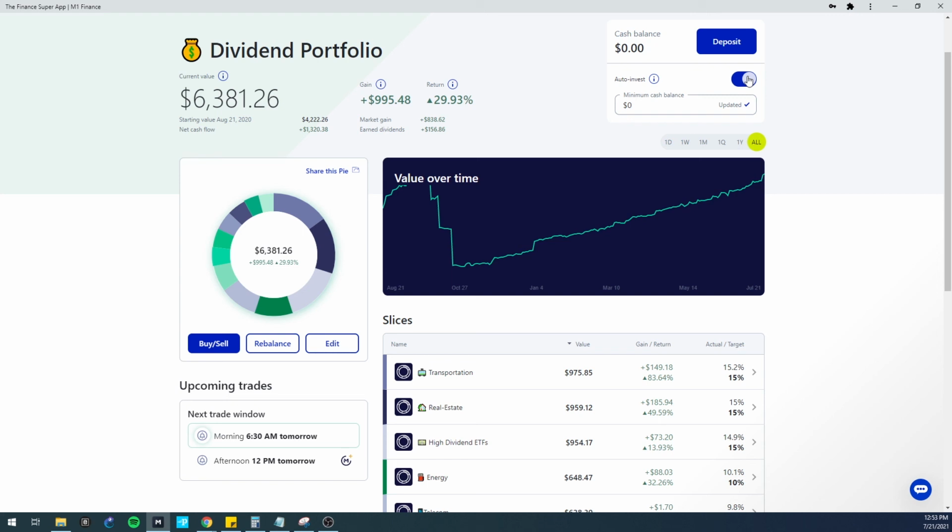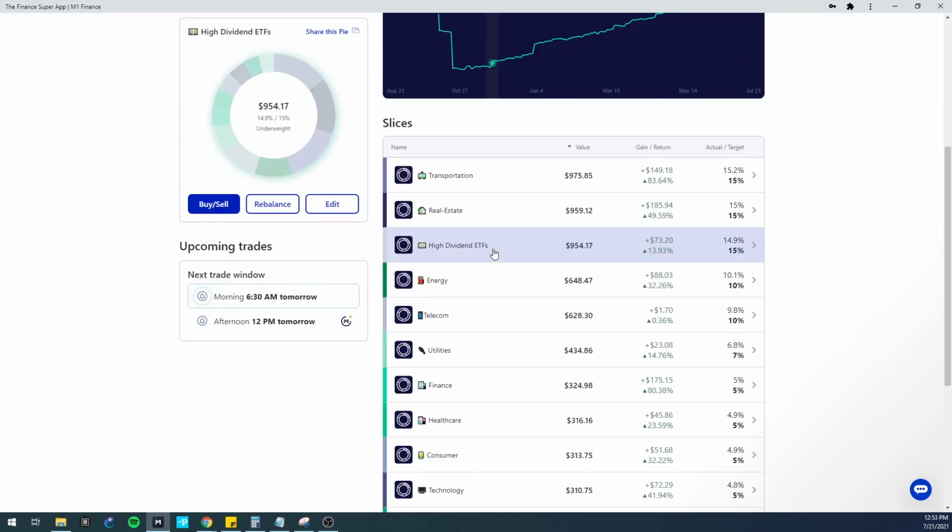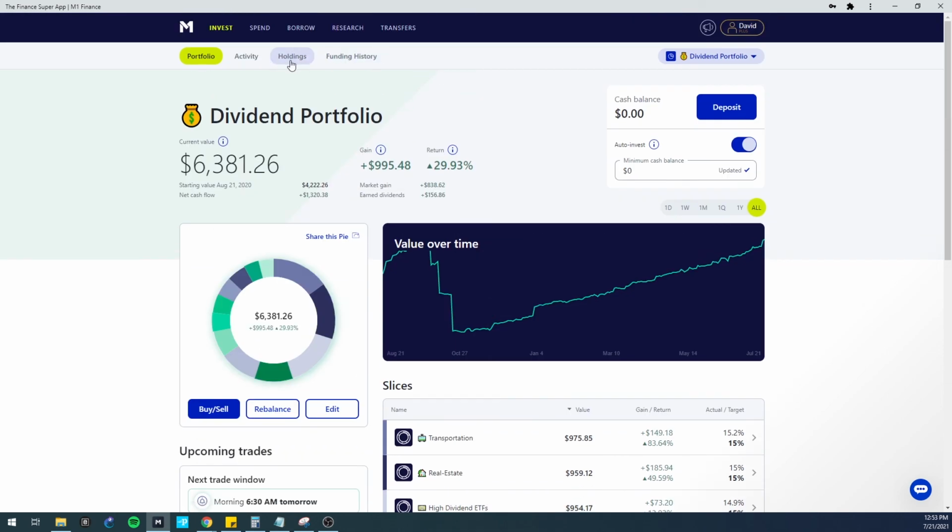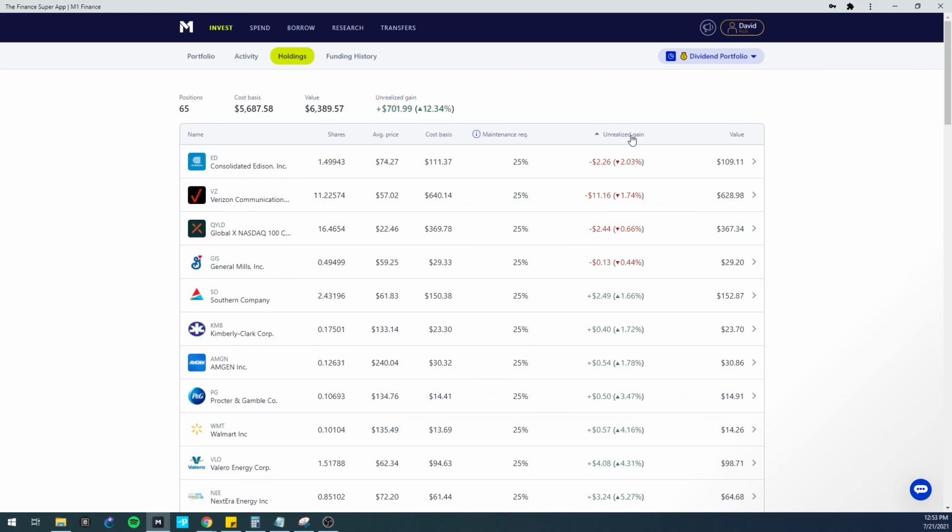Anyways, let's say you want to put $20 into a stock. That's fine. You deposit $20, you go into your holdings, you organize the unrealized gain by the lowest, or the biggest loser first, and you buy the biggest loser.